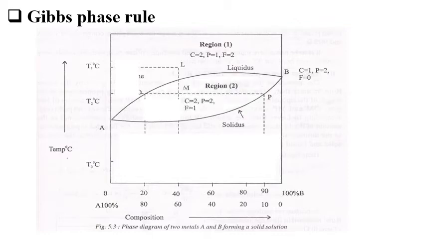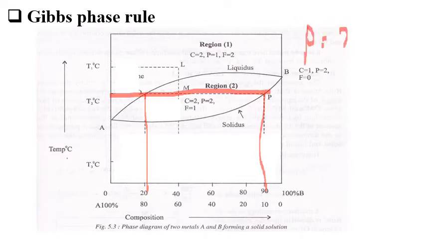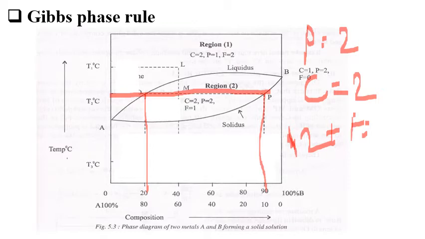Now if you take the temperature T2, and drop a line here, and take the intersection point here and the intersection point here, in between these two points the number of phases present, P, will be equal to 2, and the number of components will be equal to 2, that remains constant. So P plus F, that is 2 plus F, will be equal to 2 plus 1.